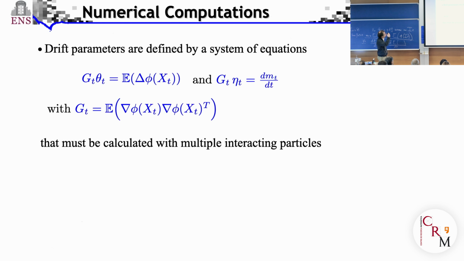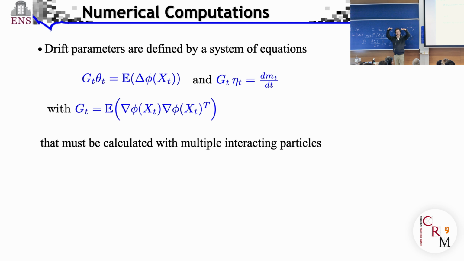Okay, so the numerical computation of that kind of equation, how does it go? At each step of the equation, you need to compute these expected values. So what you need is to simulate your equation with multiple particles together. In other words, you cannot run it from one single xt.